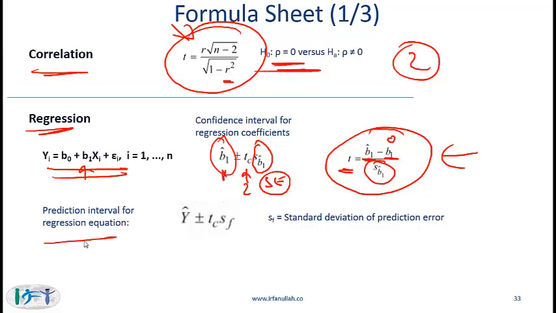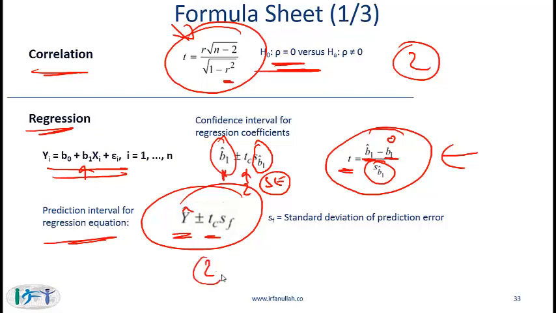Alright, prediction interval for the regression equation. This is the overall regression equation, and again this is fairly straightforward. This is the predicted value of the dependent variable based on the regression. Wherever you see a hat, that means it's the predicted value. TC is your critical value for a 95% confidence or 5% significance, approximately 2. And then SF is the standard deviation of the prediction error.